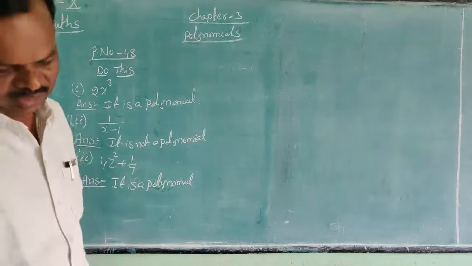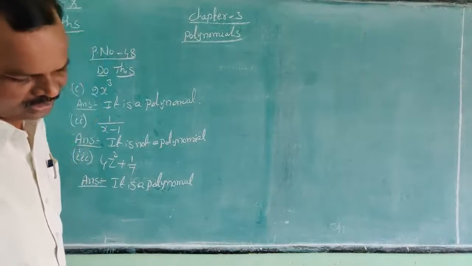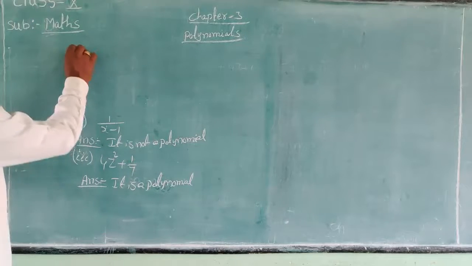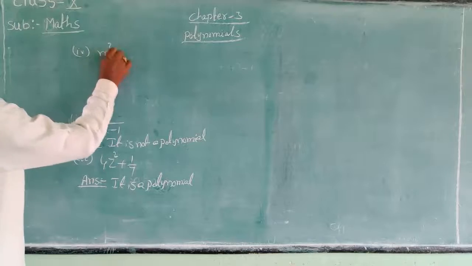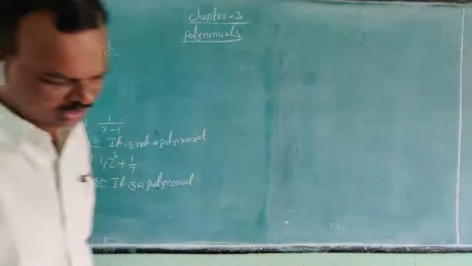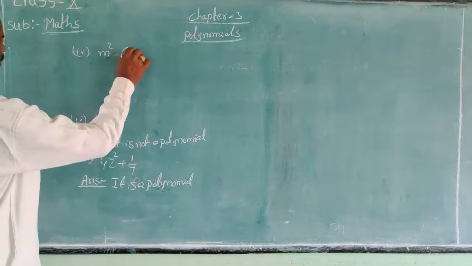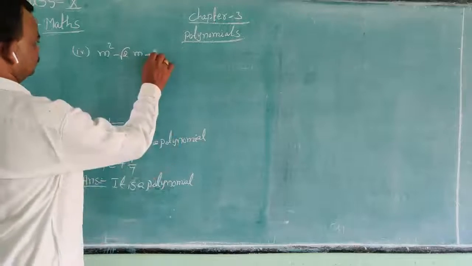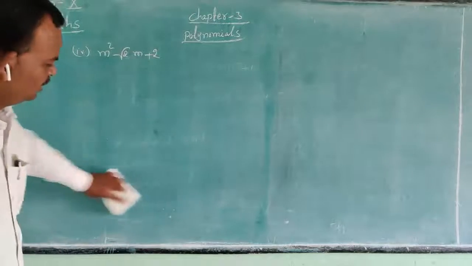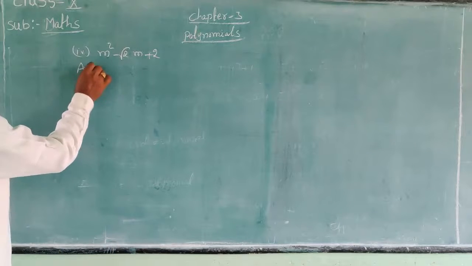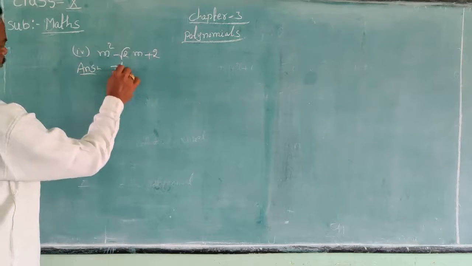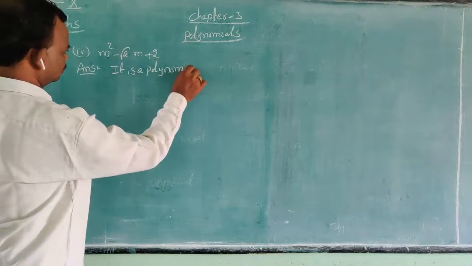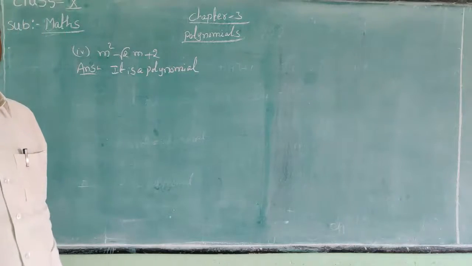Fourth one: minus root 2 m plus 1 plus 2. Yes, it is a polynomial.